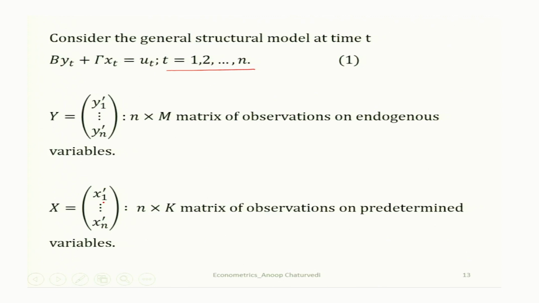We take the transpose of all these x_t's, say transpose of x 1, transpose of x 2, so on transpose of x n, and then we write all these row vectors in this form. So, you get this capital X matrix which is of order n cross capital K.